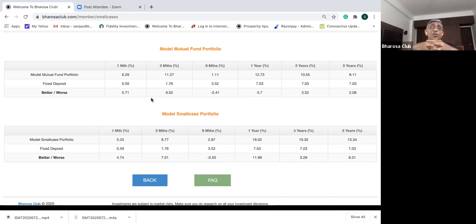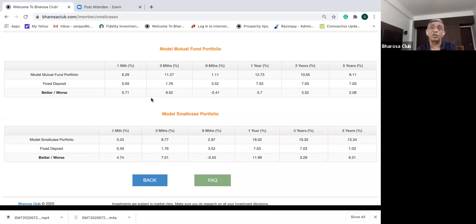And there are a few other changes, like in terms of how do you lower the minimum, maybe down to like 100 rupees. But if you lower that to 100 rupees in the case of small case, then you'll need processing for fractional shares, which again requires regulatory approval and some platform changes, maybe even at the brokerage level. In the case of mutual funds, they don't like very low minimums because their earnings are subject to how much money is there in the funds, and the cost of processing could be pretty high.